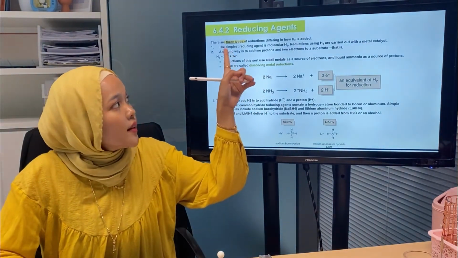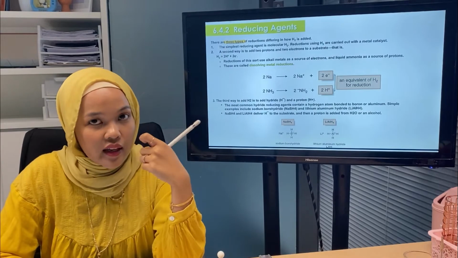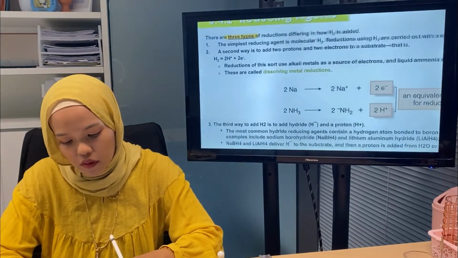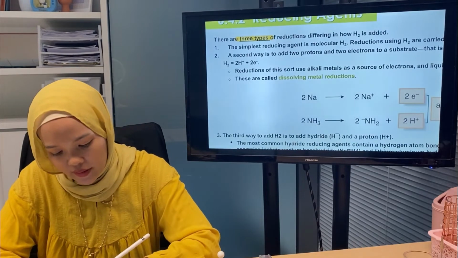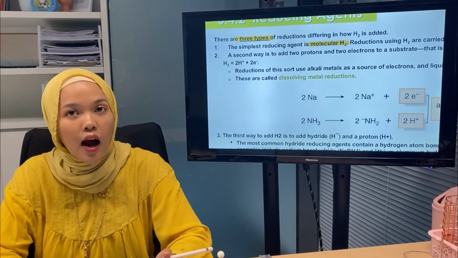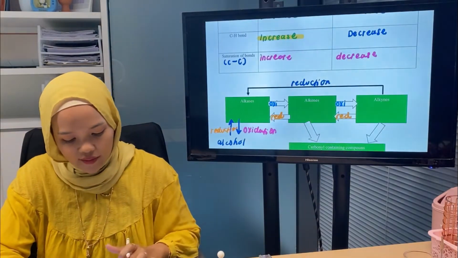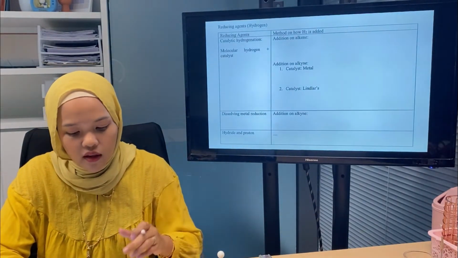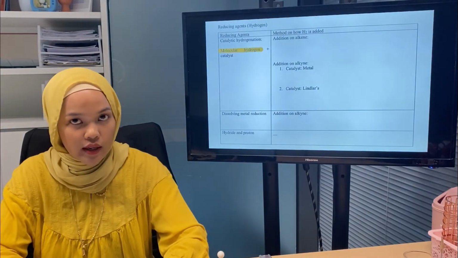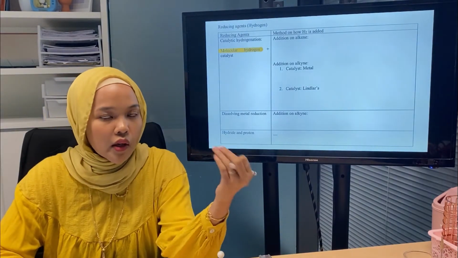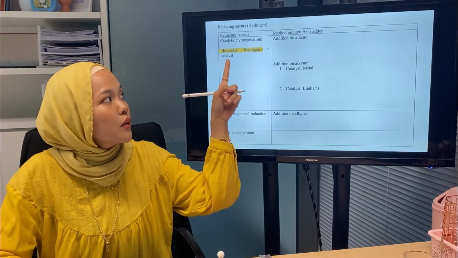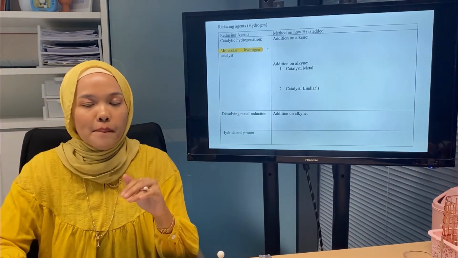So the simplest reducing agent is the hydrogen gas itself, molecular hydrogen. If you look at the handouts here, reducing agents, you can have molecular hydrogen. But if you want to add molecular hydrogen, you must add it together with a catalyst. They must be a pair.